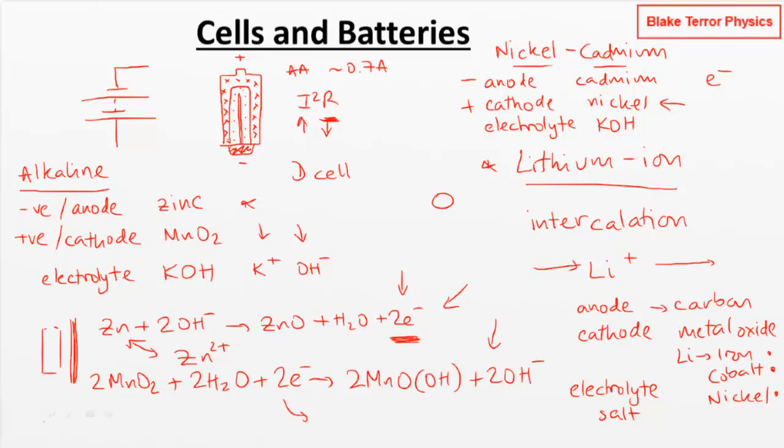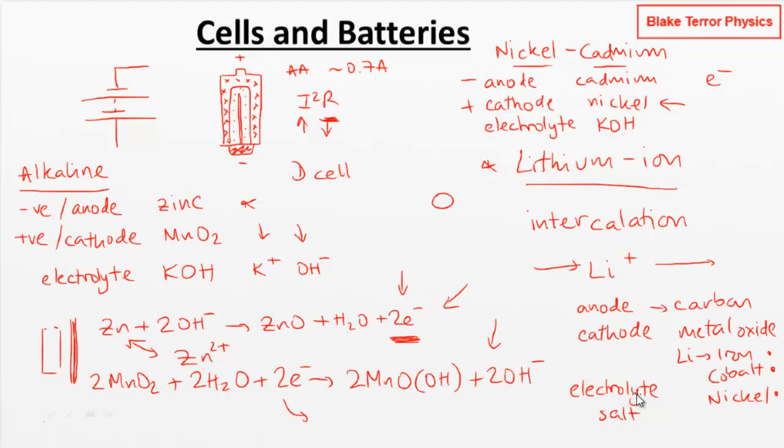Lithium reacts with water quite vigorously. It produces hydrogen gas. We don't really want that. So you need a different sort of solvent here. You're looking at some kind of organic solvent to dissolve your lithium salt. And then these lithium ions can move in either direction depending on whether we're charging or discharging.